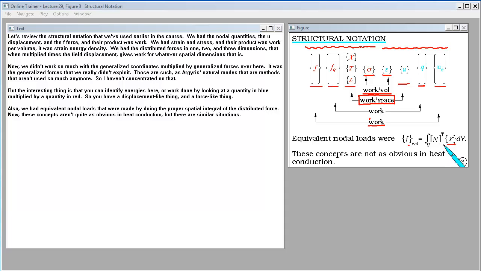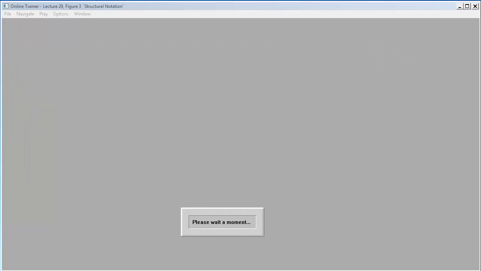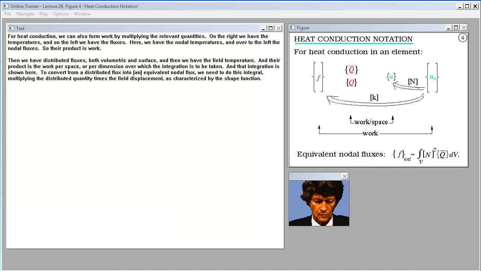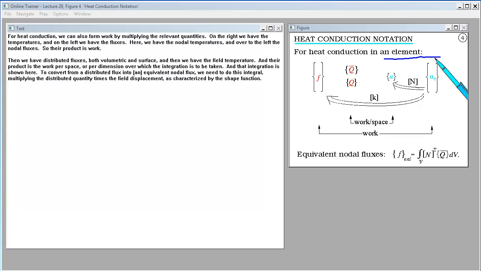Now, these concepts aren't quite as obvious in heat conduction, but there are similar situations. For heat conduction, we can also form work by multiplying the relevant quantities. On the right we have the temperatures, and on the left we have the fluxes. Here we have the nodal temperatures, and over to the left the nodal fluxes, so their product is work.